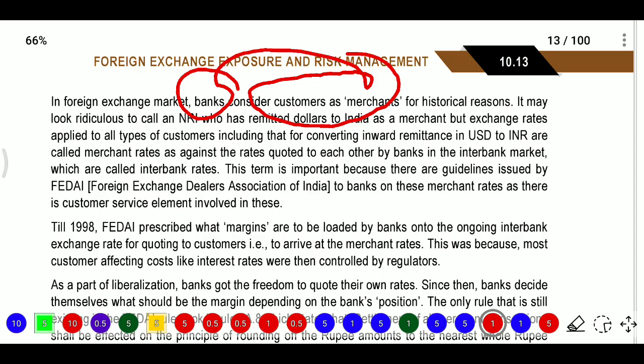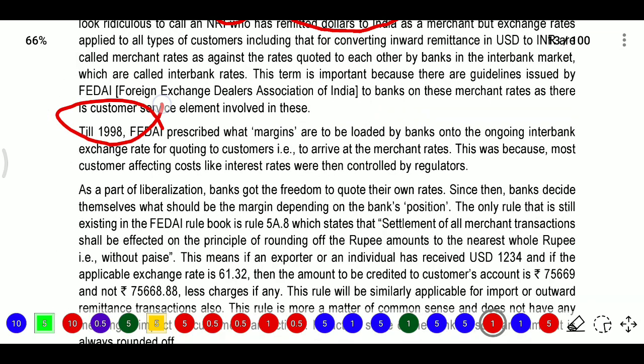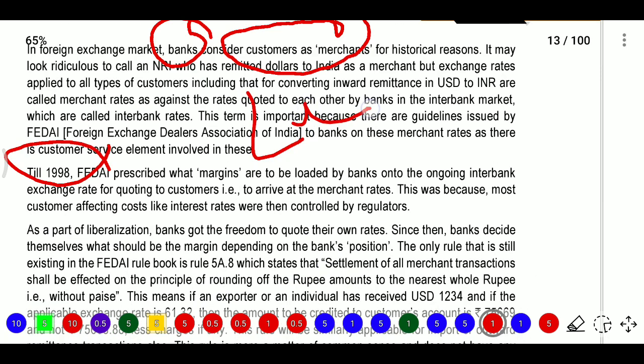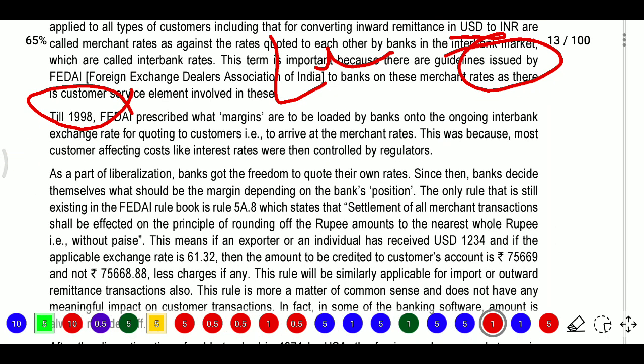Until 1998, FEDAI prescribed what margins were to be loaded by banks onto the ongoing interbank rate. In the past they would quote LIBOR plus some percentage, so banks would tell the customer LIBOR plus 2%, MIBOR plus 2% or similar, to arrive at the merchant rate.